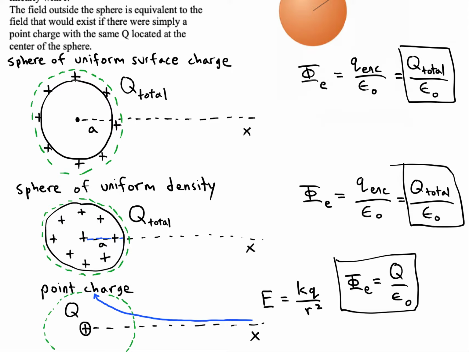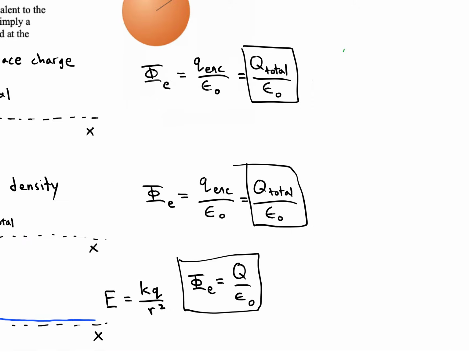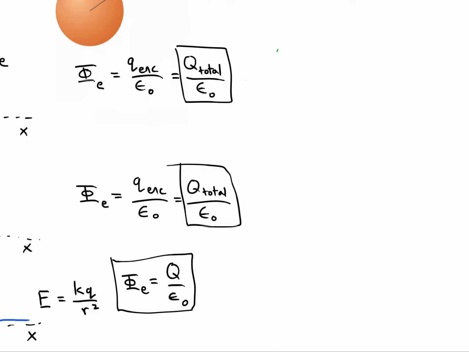So what does this tell us about the electric field at the boundary of our Gaussian surface? Well, we have to replace the electric flux with electric field times area.